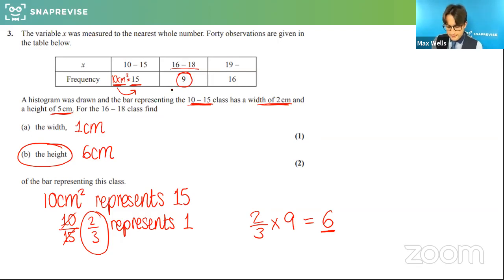And we can quite easily see the area is 2/3 of the actual value. And remember, it is multiplicative because we're dealing with proportion. So you don't go, oh, I'll just minus off 5. You have to go, how do I get from 10 to 15? So this will then be 6.